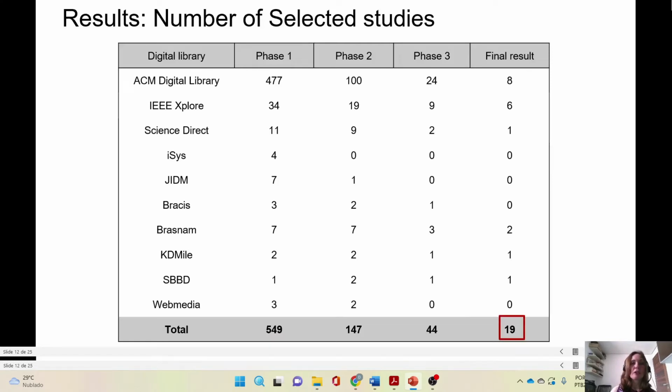As a total of selected studies, we have obtained 19 selected ones, and at each one of the phases, we tried to select them based on the inclusion criteria and exclusion criteria.